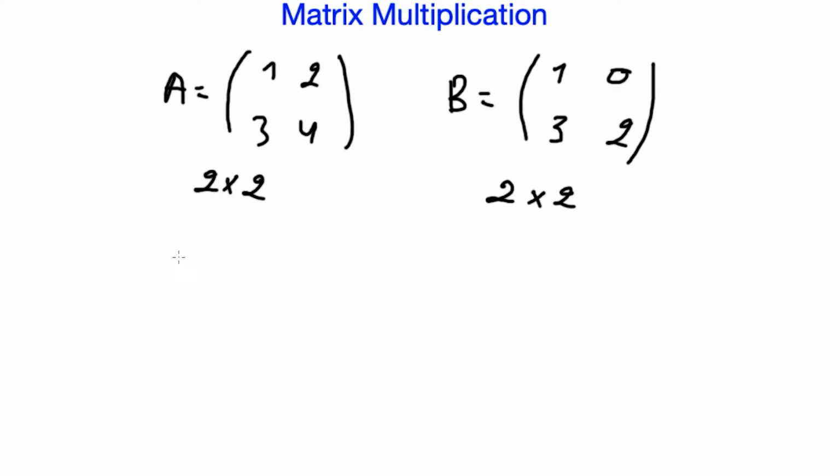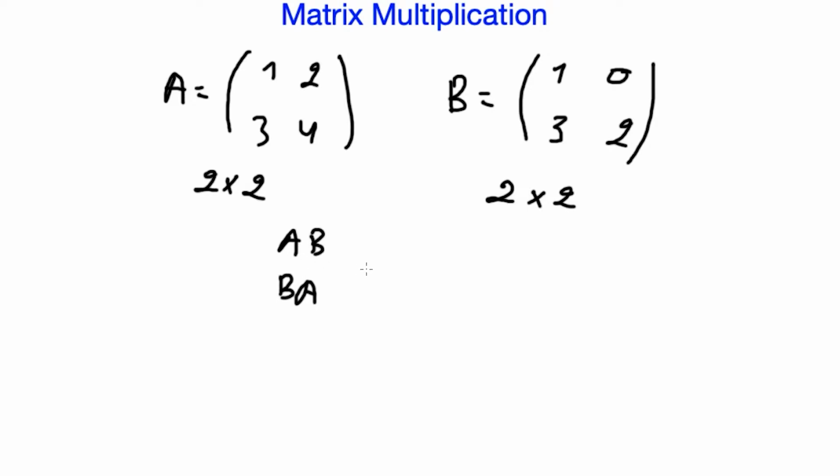To do the multiplication, we can do AB and we can also do BA. They may not be the same, because matrix multiplication AB and BA are not always the same. In some cases they can be, but we can only say whether they are the same after we compute them and see.